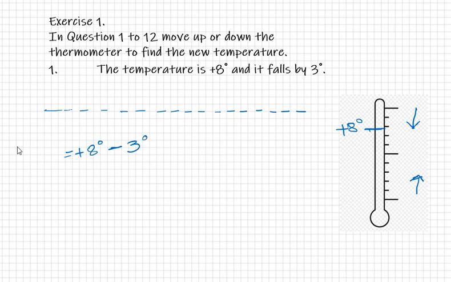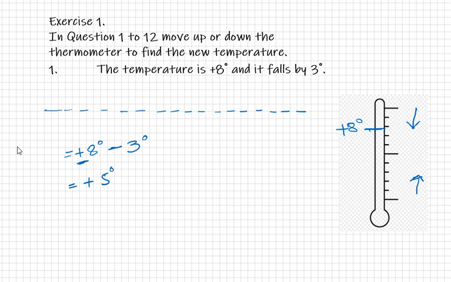So +8 degree, -3 degree, what will be the answer? As the bigger value has the plus sign, the sign is positive, so we will write the positive sign here. What is the difference between 3 and 8? 5. So our answer is +5 degree.